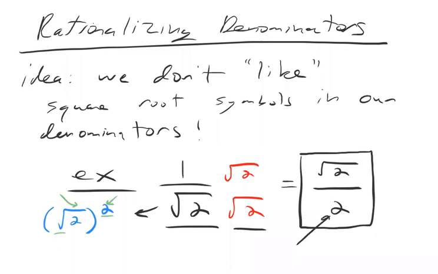Let's try a couple more of those and you'll kind of get acquainted with this. Okay, so take this example. 3 over the square root of 7. Well, I would just multiply the top and bottom by that square root of 7.